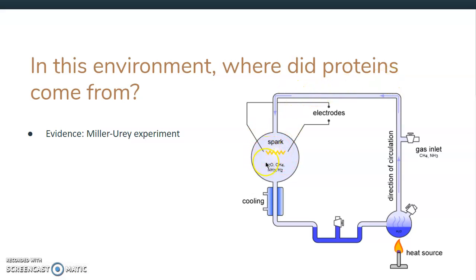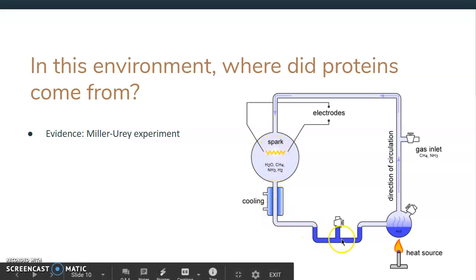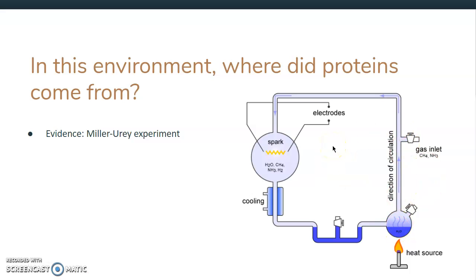Once in this big tank to mimic the atmosphere, they put a spark, some electricity to mimic a lightning strike. And so once that lightning strike happened, it would cool down and go into some water that would then flow into this and continue to circulate.